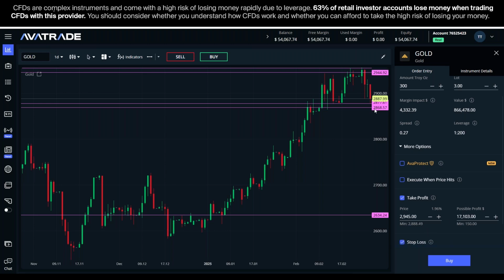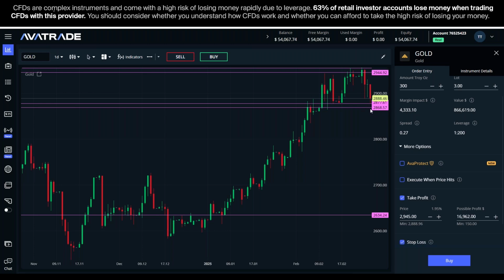So stop loss, right here, I drew where I want my stop loss, below the one-day candle support level. If it breaks this support, then something changed with momentum, and maybe it keeps dropping. So I don't necessarily want my stop loss any further than that, because a technical breakthrough of this support level means something fundamentally must have changed to cause gold to break that support level. So in that case, I would want to get out of my buy, potentially.